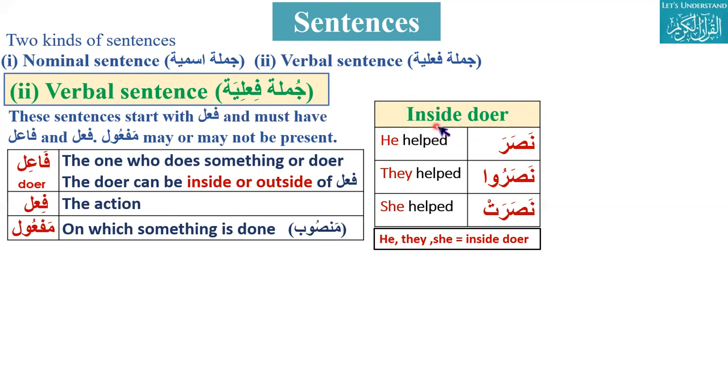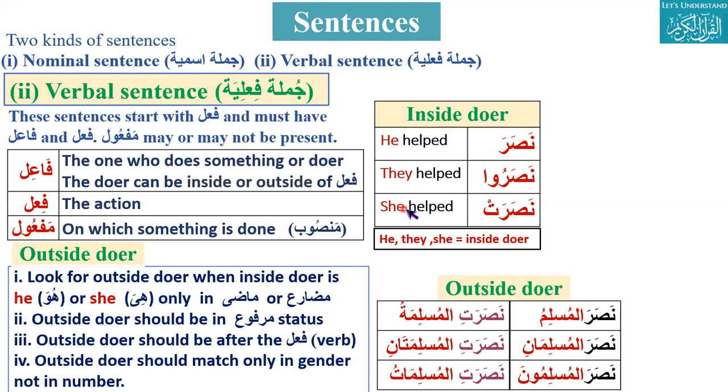Inside doer. What about nasaru? Who is they? And what is the inside doer there? They. And nasarat? She is the inside doer. She. So this doer is also called in Arabic fa'il.